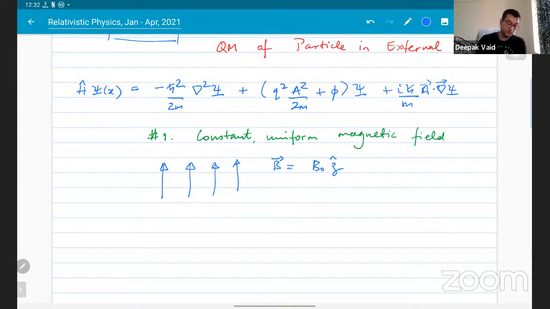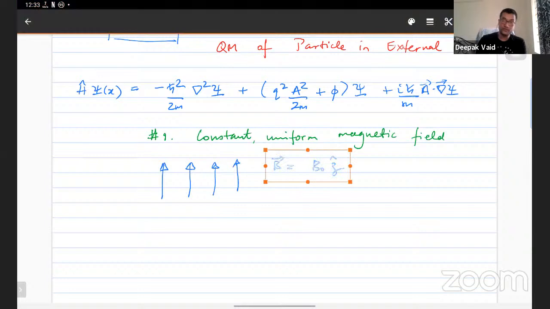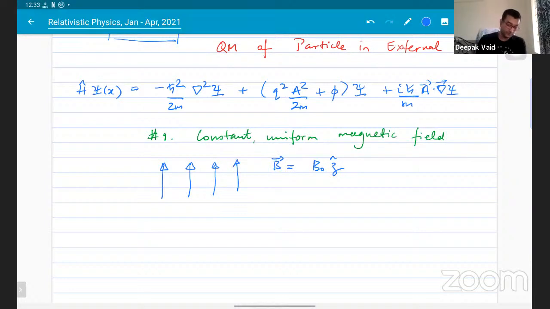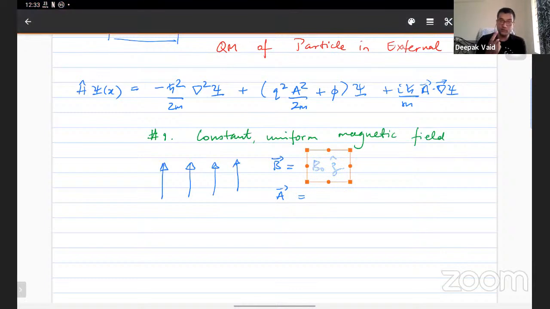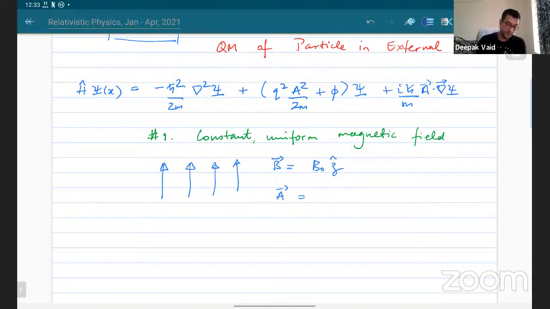Now, if you want to write down the vector potential, which will give you this expression, well, you have several choices, right? You just need something whose curl will leave you only one surviving component, right?